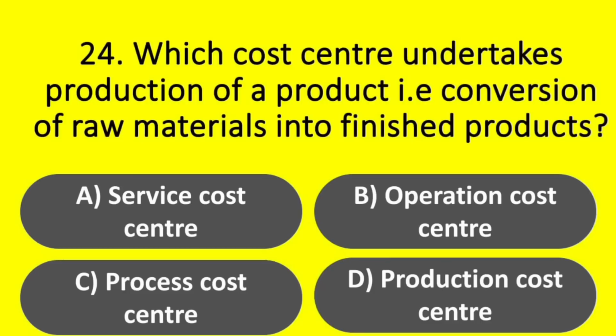Question. Which cost center undertakes production of a product, that is conversion of raw materials into finished products? Options A, Service cost center; option B, Operation cost center; option C, Process cost center; option D, Production cost center. Answer: option D, Production cost center.